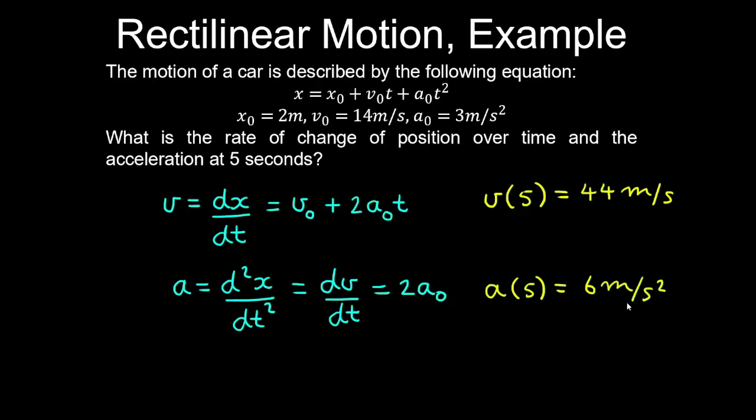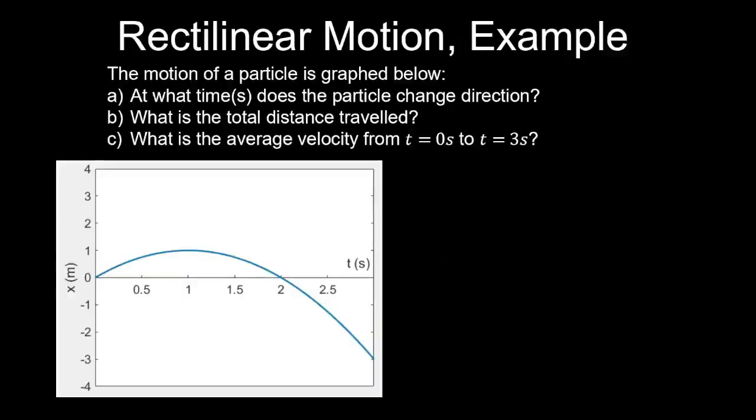And note the units for the derivatives are consistent with the result. The motion of a particle is graphed below, and at what time does the particle change direction? Well, the velocity is the slope of the tangent to the position time curve, and when the velocity is 0, that's when the particle changes direction, at 1 second.